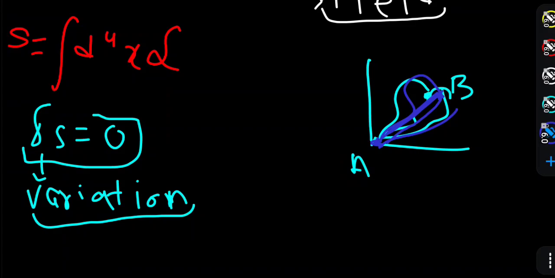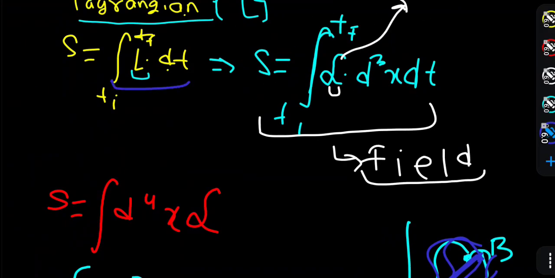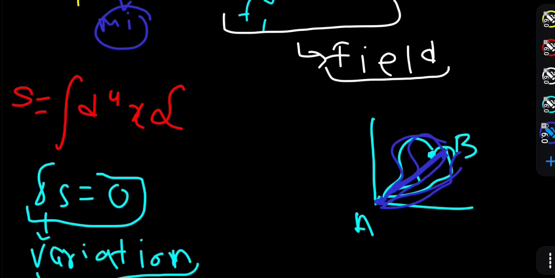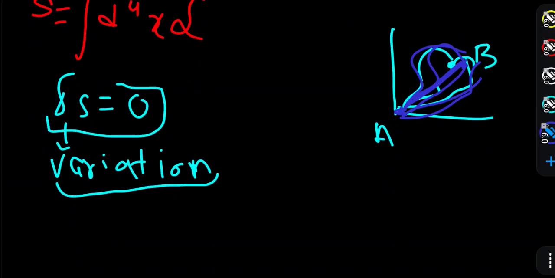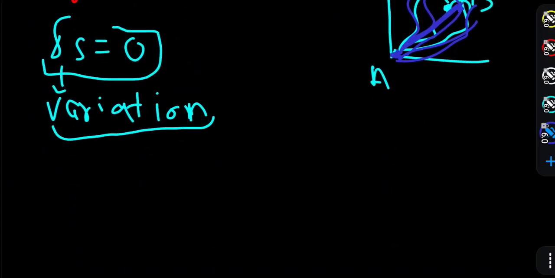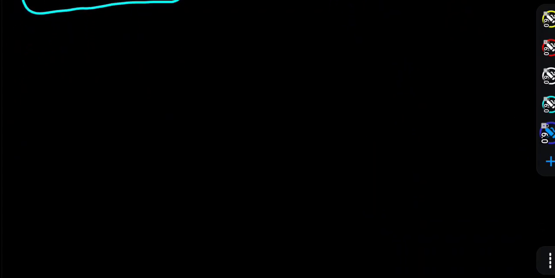The first point and the final point are the same, there are various ways to go, but the particle will follow the path in which this integral is minimized, or stationary. The stationary value of the action gives the path that the particle will naturally follow. That is the meaning of the action. So any slight variation in S should be equal to 0, and we are going to derive the Lagrangian from this famous principle, that the variation in S is naturally 0.